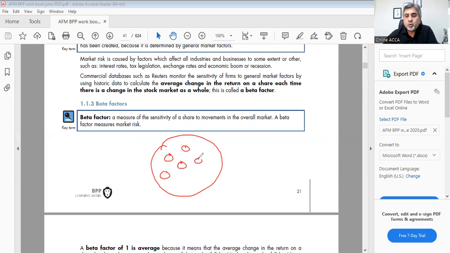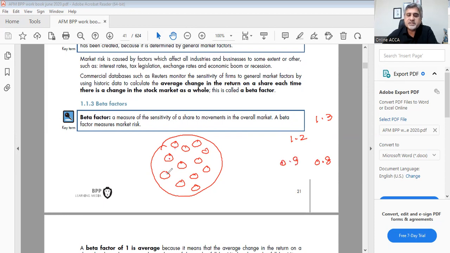There is a showroom, furniture manufacturing, restaurant, software house, construction business, banking, insurance, and so on. Some of them will present higher risk, some of them lower risk. Some will have a beta value of 1.2, some 1.3, some 0.8 or probably 0.9 and so on.